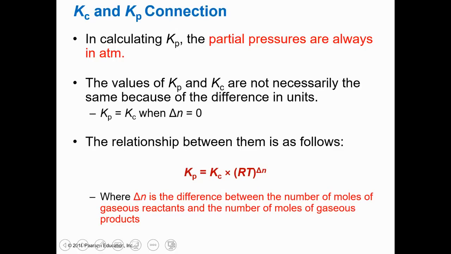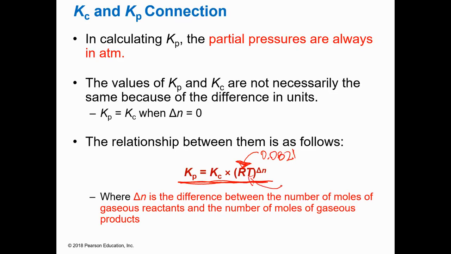Okay, pressure is always in atmospheres. This is the equation we're going to use to get back and forth between the two. This R value is the gas law R, not the one from activation energy. That's the activation energy one. 0.0821 you can use.